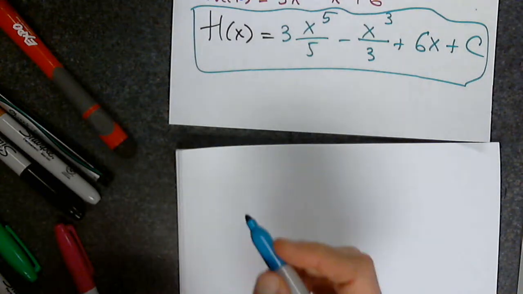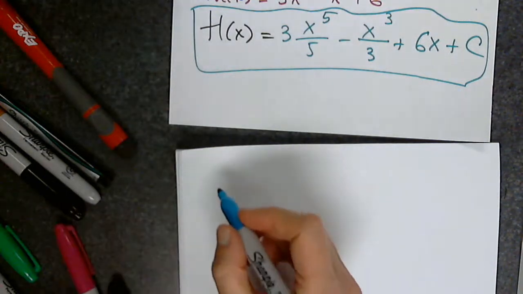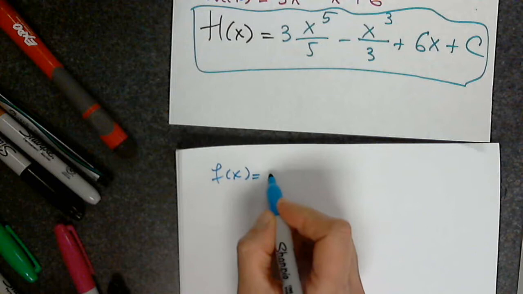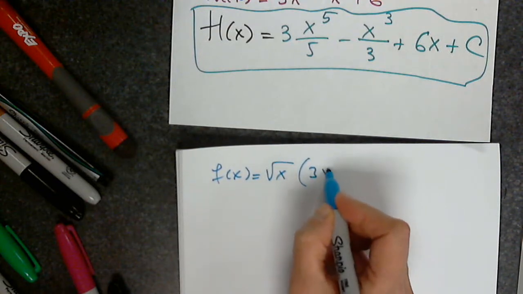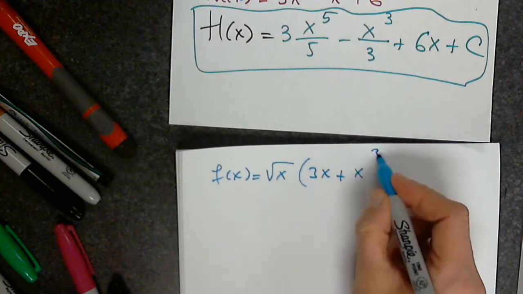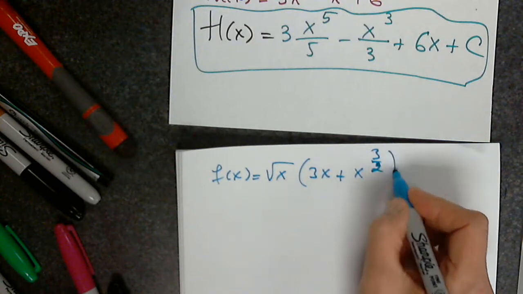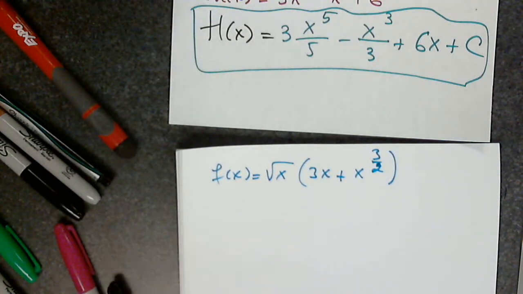So in the second one we have f of x equals the square root of x times 3x plus x to 3/2. These are the expressions that we deal with in intermediate algebra. I teach my students how to distribute, how to change to exponents, and so on, so they can simplify this. So the square root of x is x to 1/2.